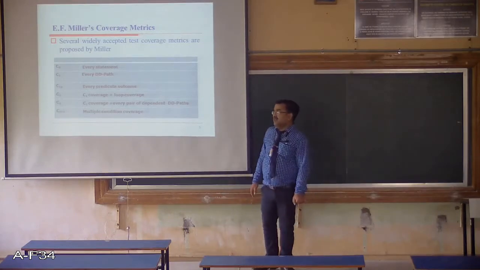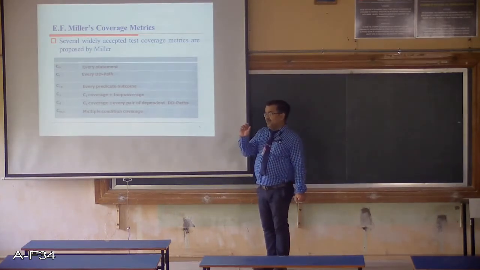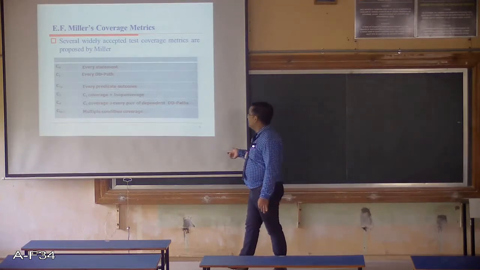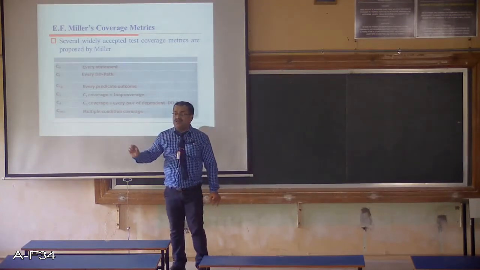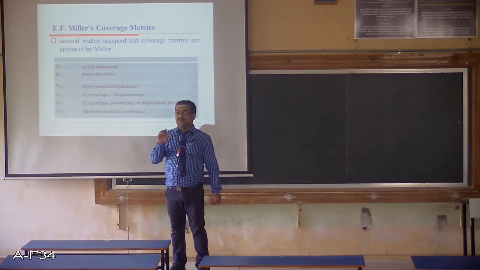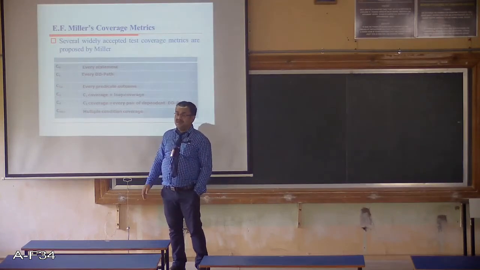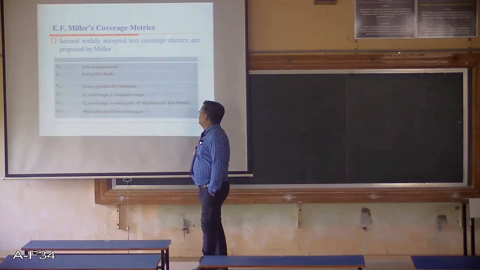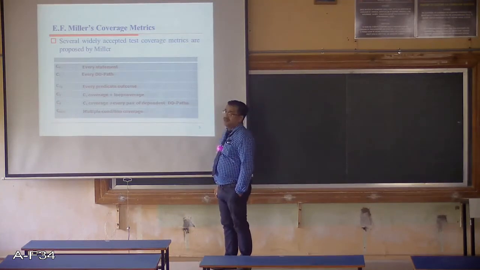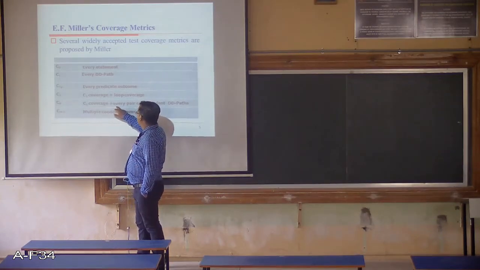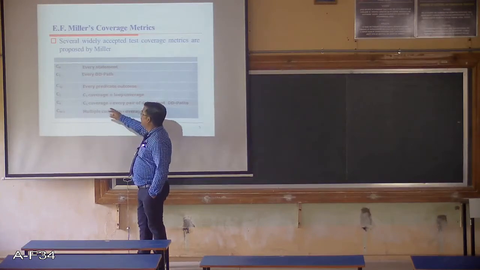Dependent DD paths means a particular variable is assigned some value in one DD path, and then it is used in another DD path, in a predicate or condition. So C1 coverage plus every pair of dependent DD paths indicates CD.